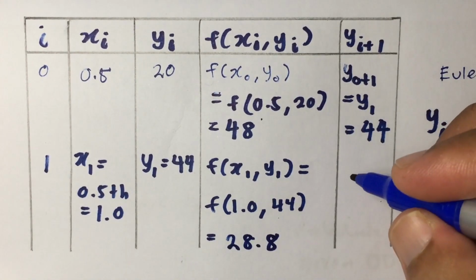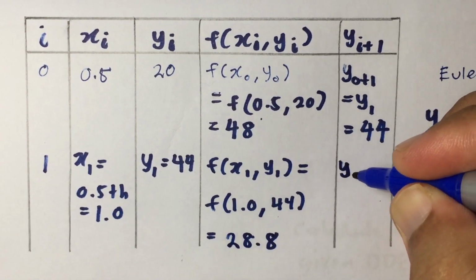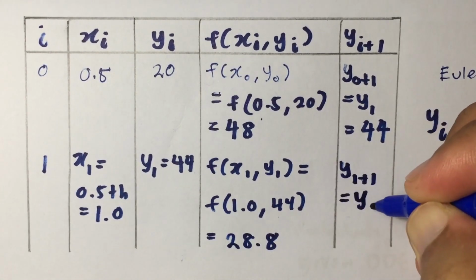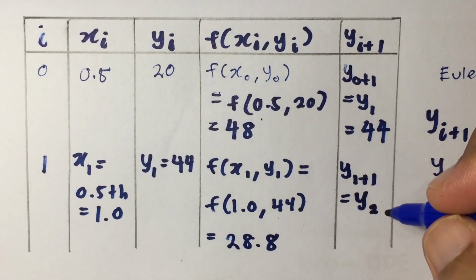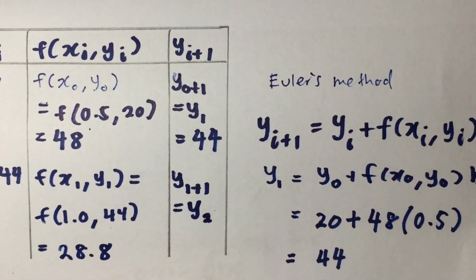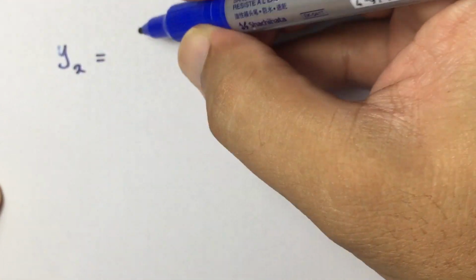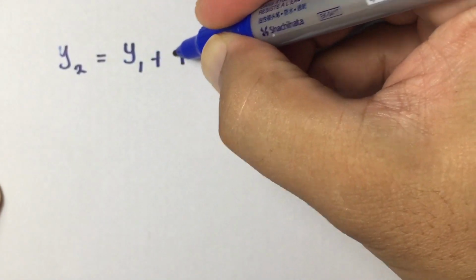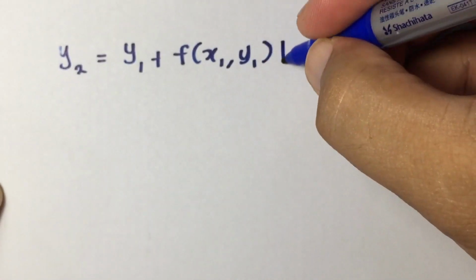Next, we are going to calculate y_(i+1). I now is 1, so 1 plus 1 gives y_2. How to calculate y_2? We apply Euler's method again. y_2 is equal to y_1 plus f(x_1, y_1) times h.